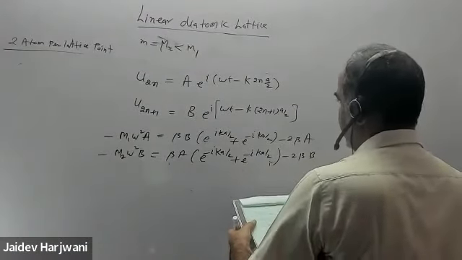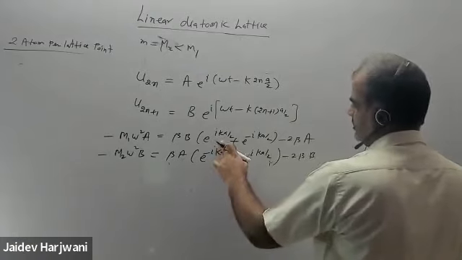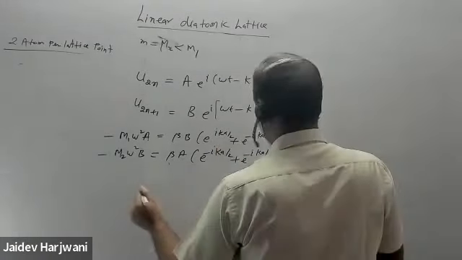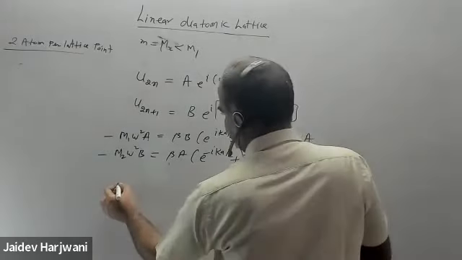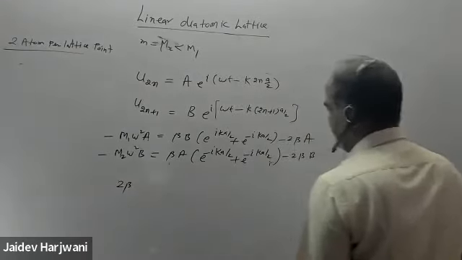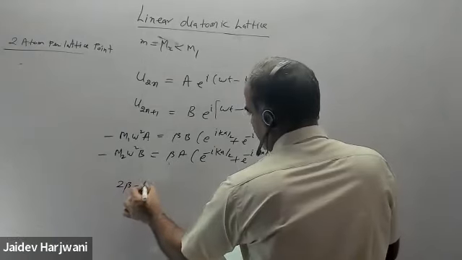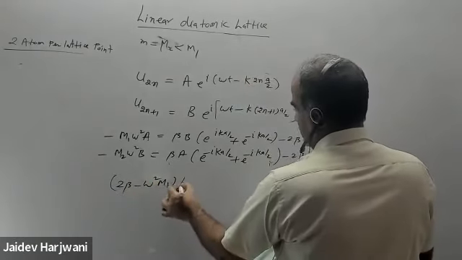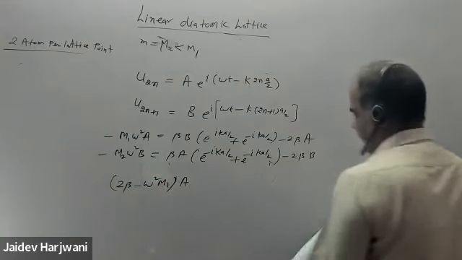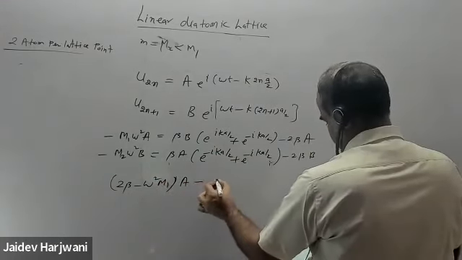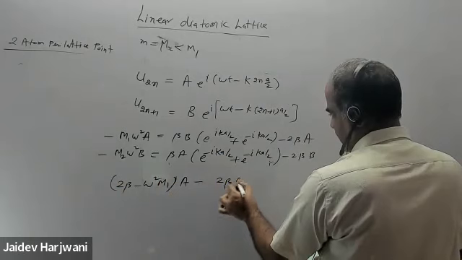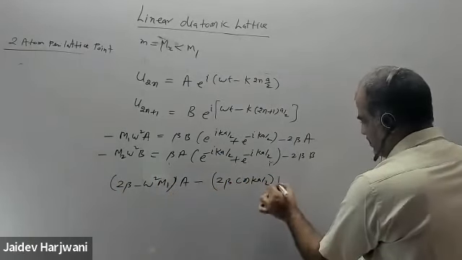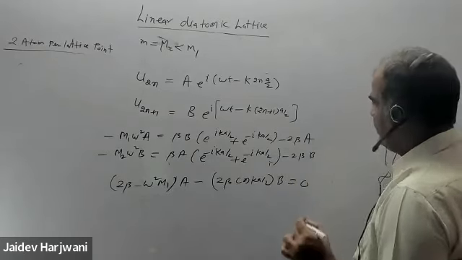So this I can write as 2 cos(k/2). If I rearrange this equation, I can write (2β - ω² m1) as the coefficient of amplitude a, minus 2β cos(k/2) b. This is an easy calculation, you can do it later also, if you're not able to understand now.